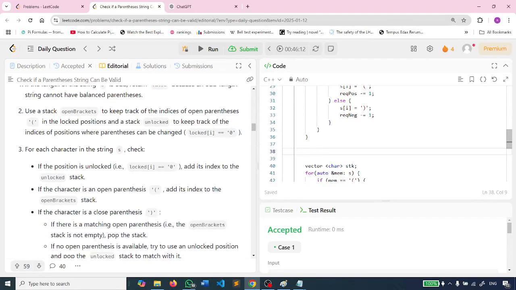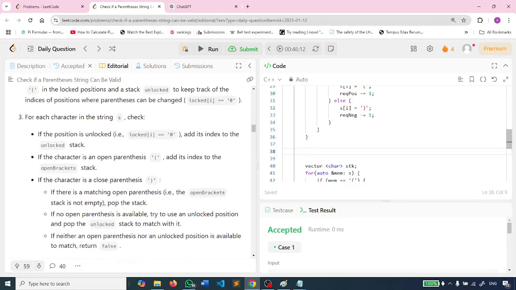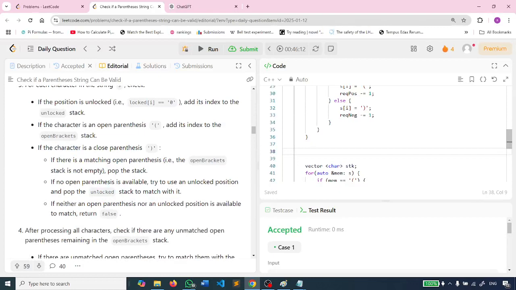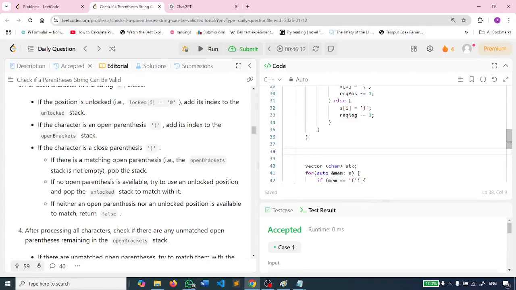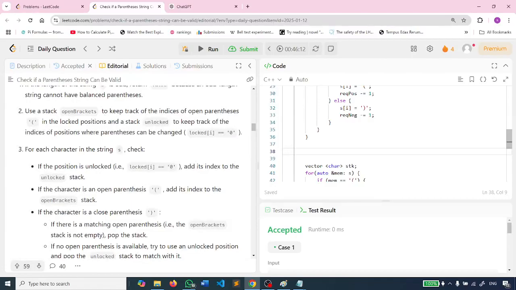To add its index to the unlock stack with the factory add its index. There is a matching open factory pop there. If no open parenthesis, I try to even unlock function pop. If the position is unlocked at its index... Oh my god.